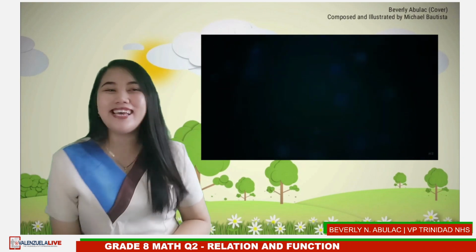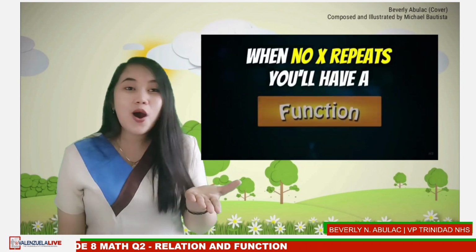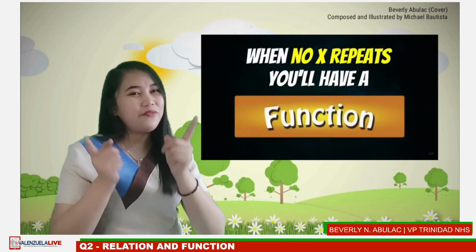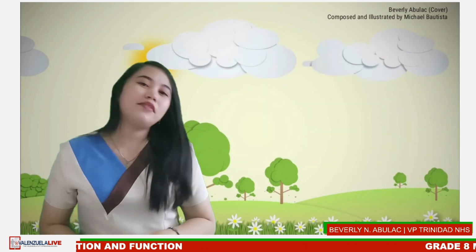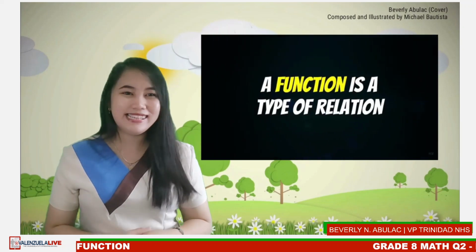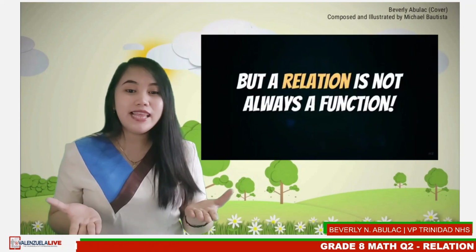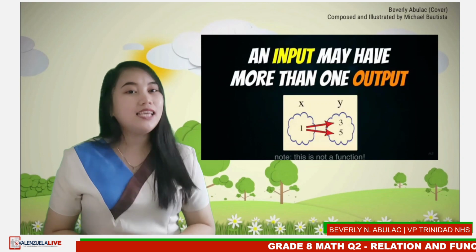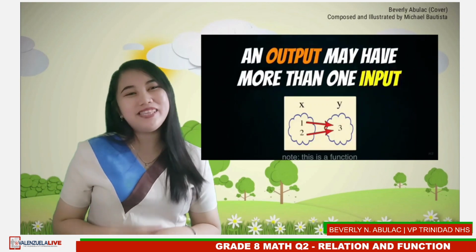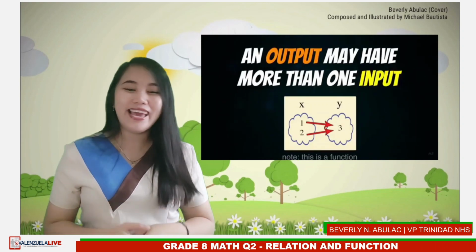The set of outputs is the range. When no X repeats, you have a function. A function is a type of relation. A relation is not always a function. An input may have more than one output. An output may have more than one input.